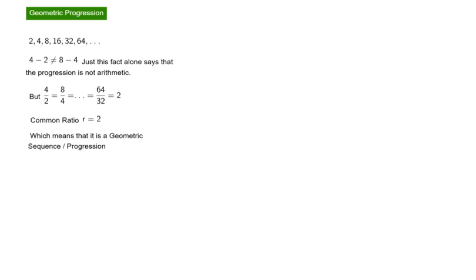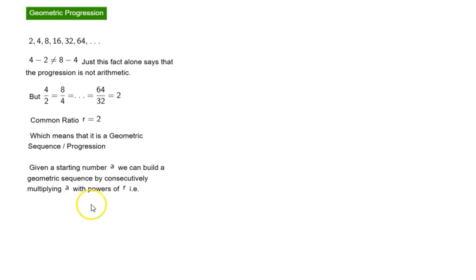Now, how do we generate this geometric sequence? Given a starting number A, we can build a geometric sequence by consecutively multiplying A with powers of R. So this is the most straightforward way of generating a geometric sequence.